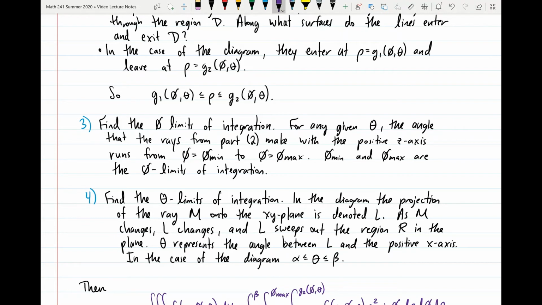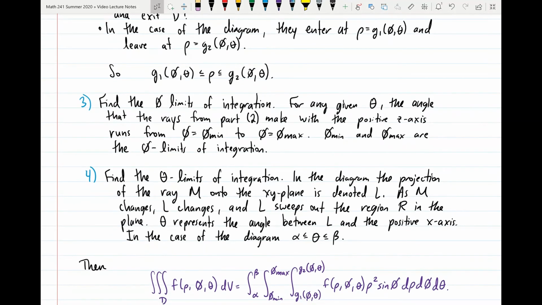And L is going to sweep out that region R in the plane.